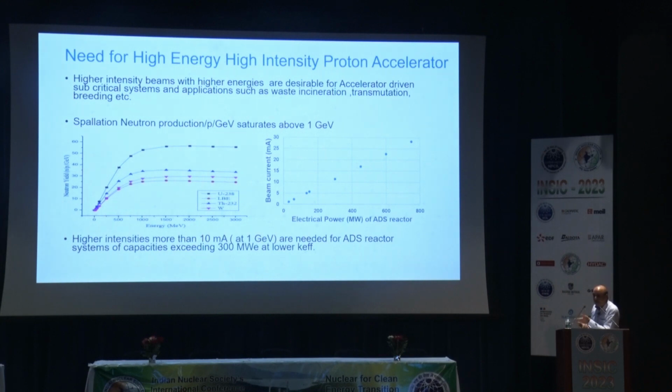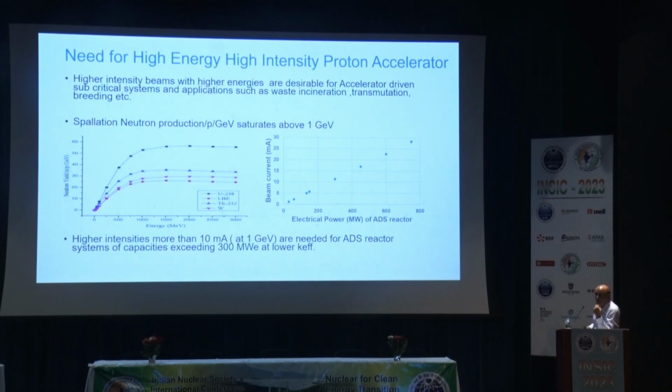Apart from ADS, there are other applications like waste transmutation, waste incineration, and such breeding applications. We all know that neutron production per proton per GeV of energy saturates at around 1 GeV. So that is the optimum energy. If you are below that, neutron yield will be less. So we have to go for higher currents.